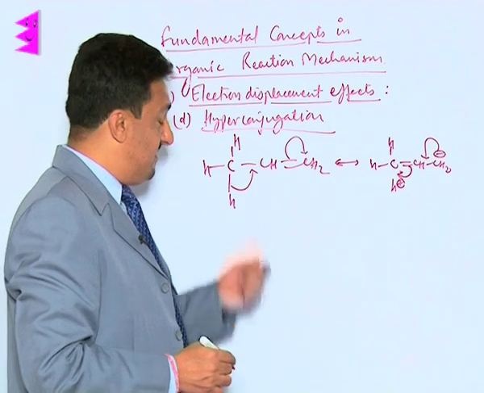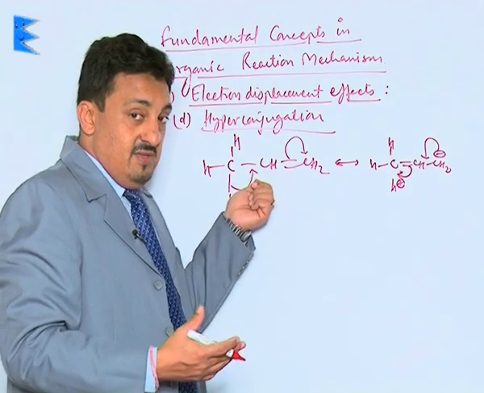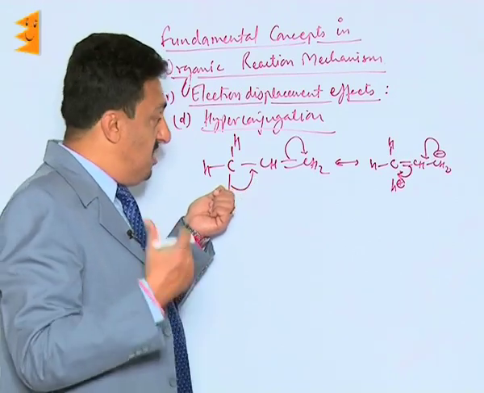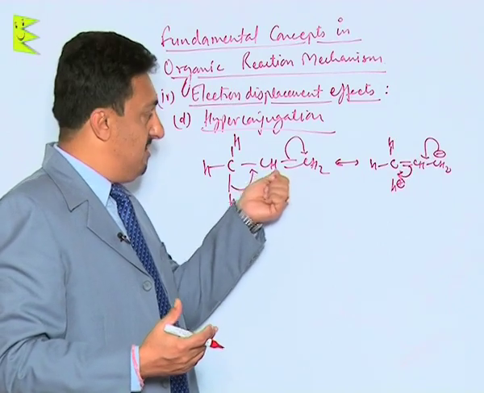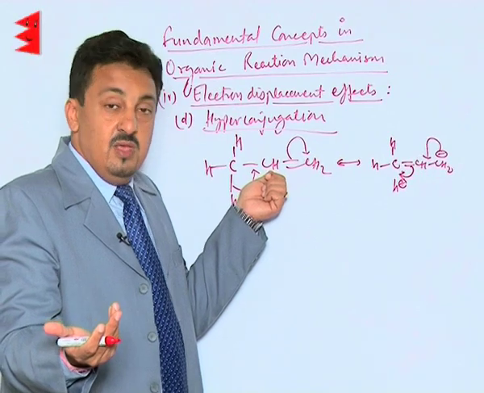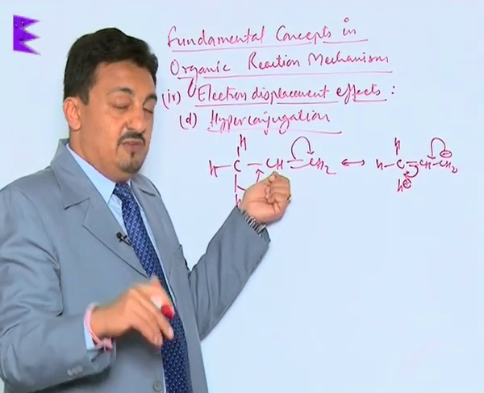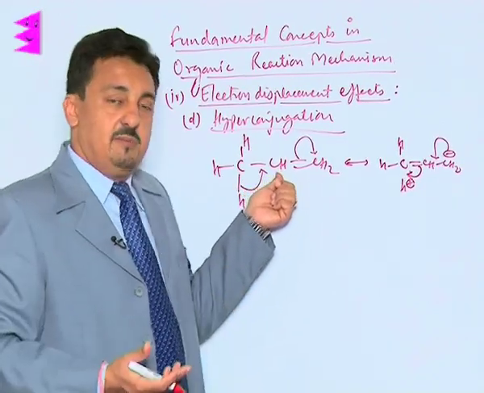What we think of as a sort of resonance involves this sigma bond. The shifting of the sigma bond takes place toward the pi bond system or the next carbon, which is either part of a double bond system or multiple bond system or is electron deficient. This kind of shifting is called hyperconjugation.